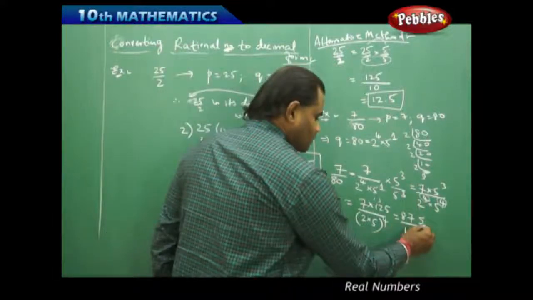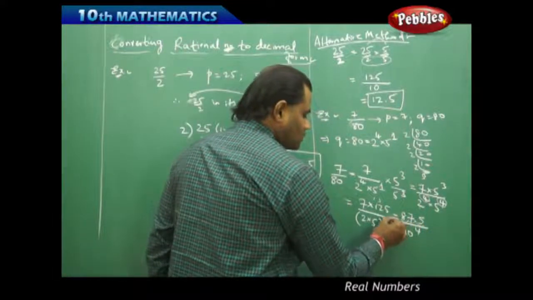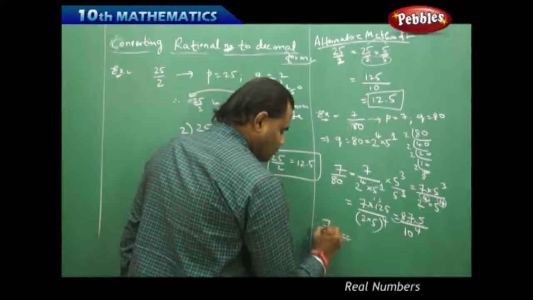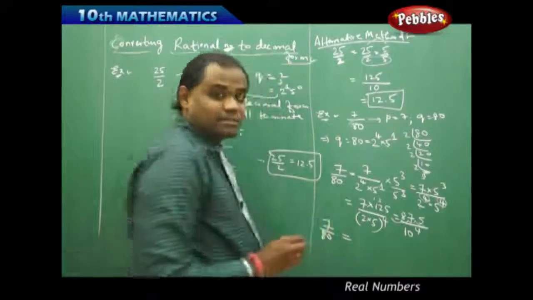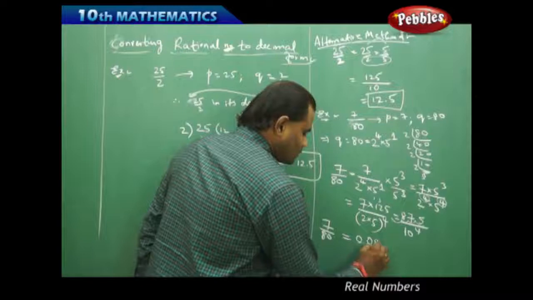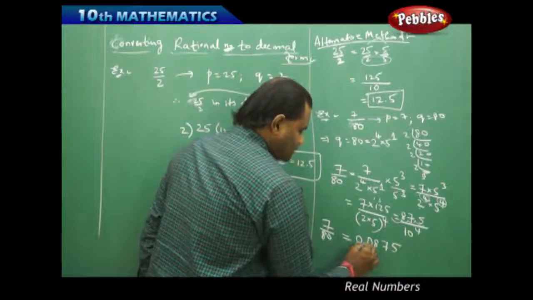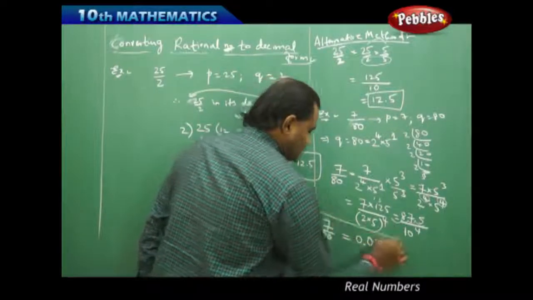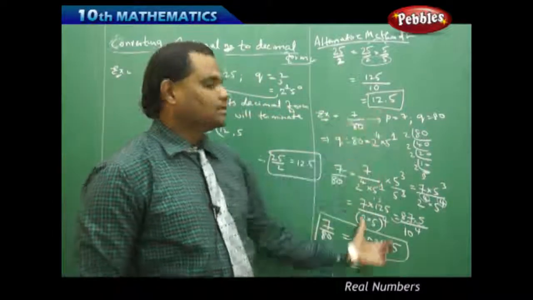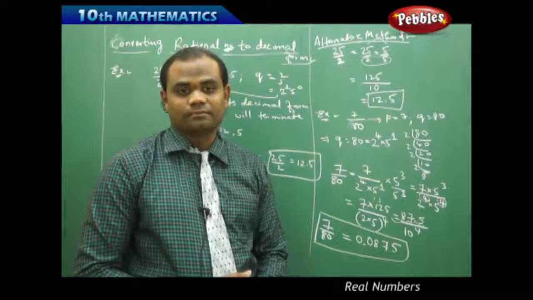So I have this moving 1, 2, 3, and a 0 added at the 4th step. Therefore, the answer for 7 over 80 in its terminating decimal form would be 0.0875. The terminating decimal of this, as obtained through the alternative method, is how we get it.